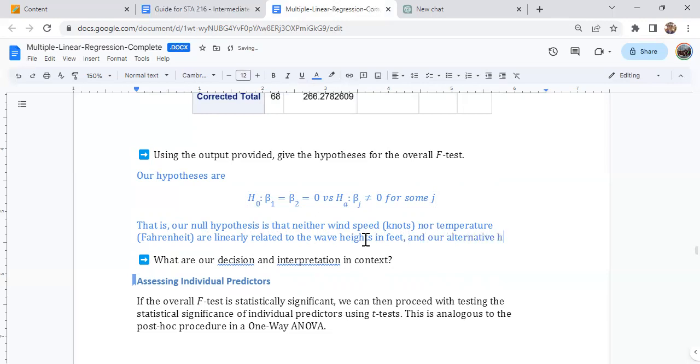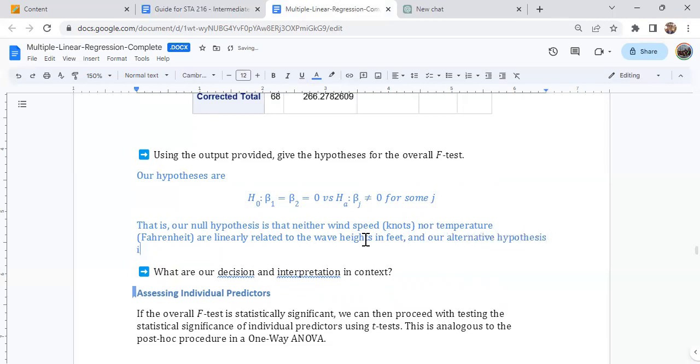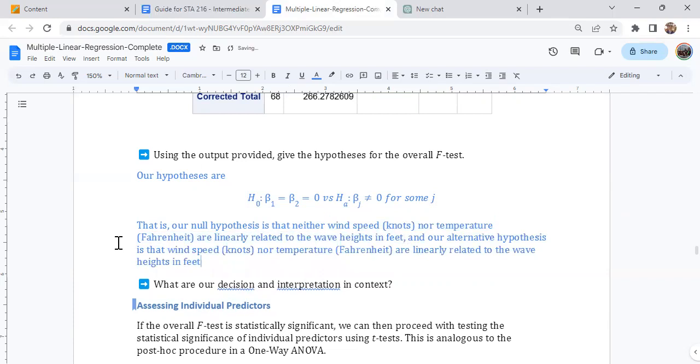And our alternative hypothesis is that at least one of wind speed and temperature is linearly related to the wave heights.